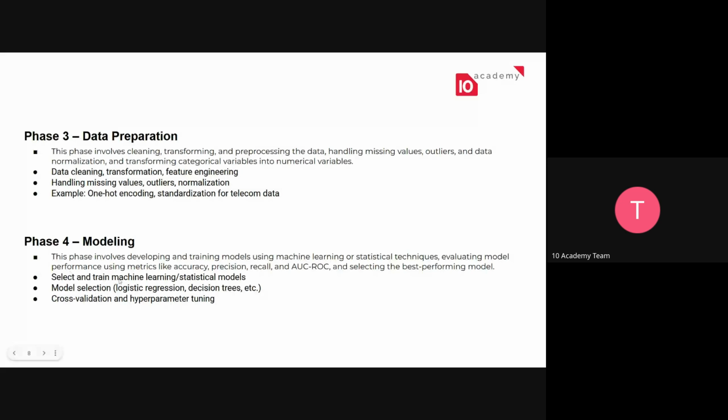So you need to select and train machine learning or statistical models. And then there is model selection. You can use logistic regression, decision trees, different types of models, the neural network models. There are many types of models. And then there's cross validation and hyperparameter tuning.